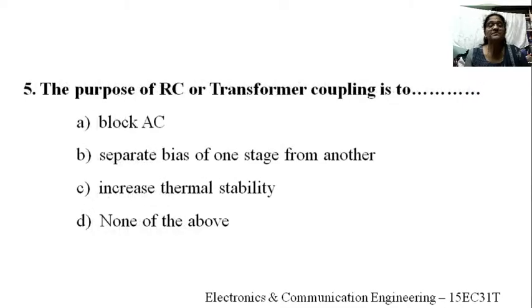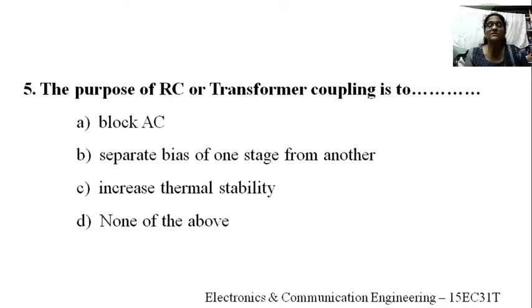Next question. The purpose of RC or transformer coupling. RC means a capacitor; blocking AC is not the correct answer because it allows AC and blocks DC. And also increased thermal stability is not the answer. So coupling is used in order to isolate, that is, to separate the bias of one stage from another.